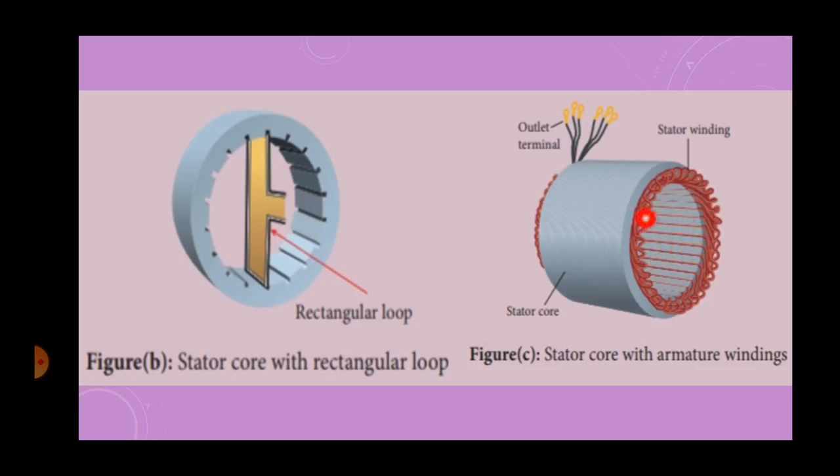In single layer winding, a slot is occupied by a coil as a single layer. Now see, this is a single layer. But in double layer winding, the coil is split into two layers, top and bottom. It is clear?